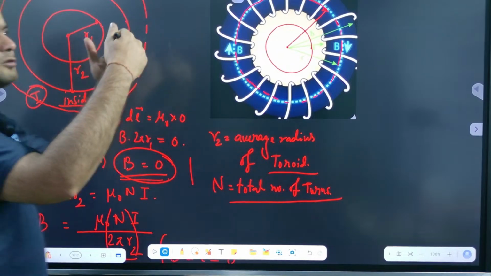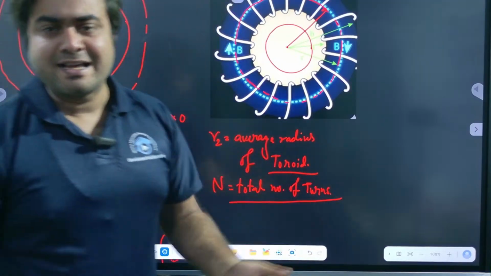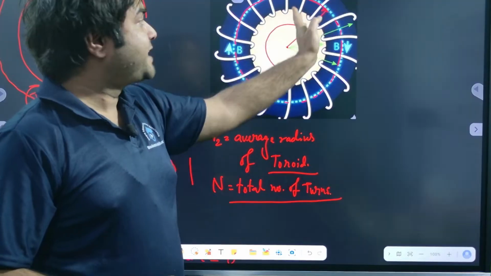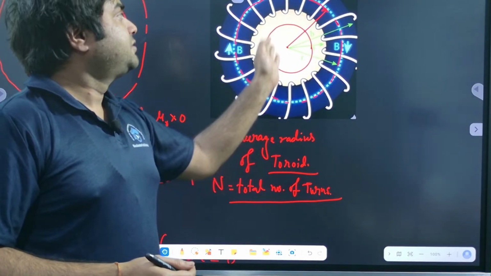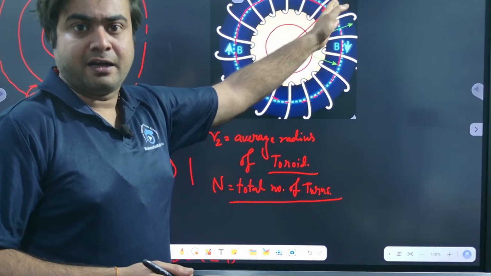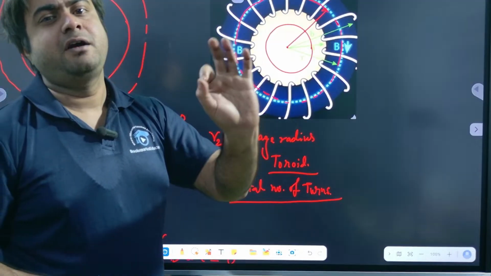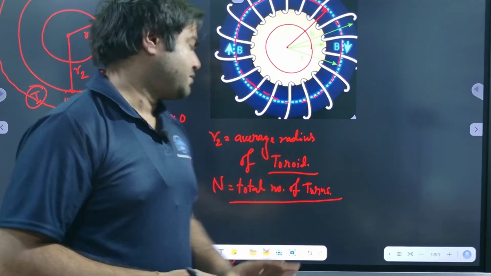But in real life we can come across toroids that are not exactly circular. In this case, the external field that we took as 0 will not become 0. A little bit of magnetic field will also be present. Okay, just remember these certain points.